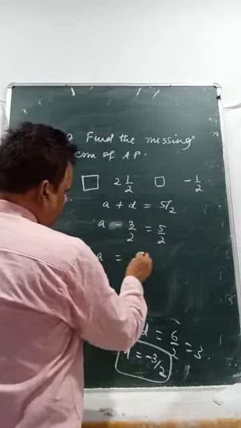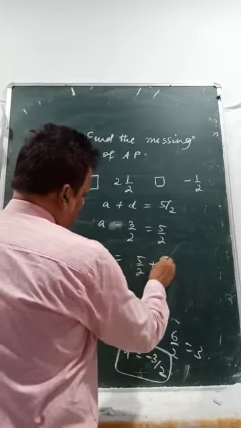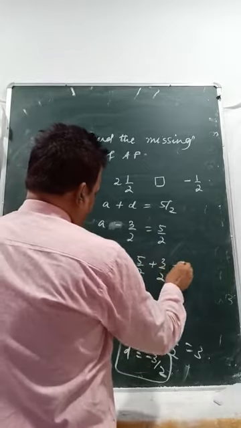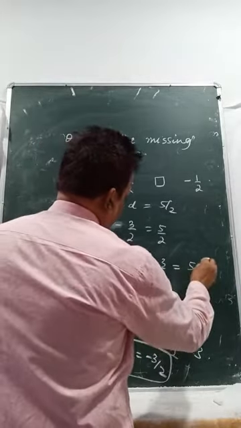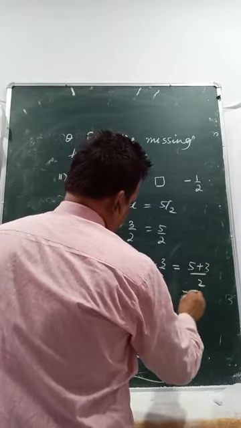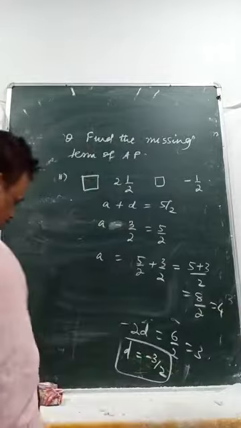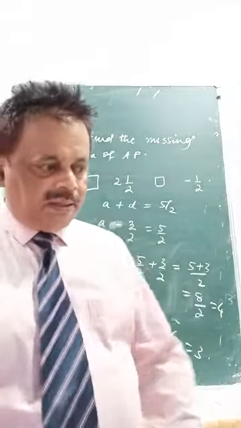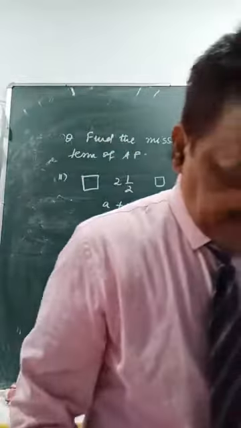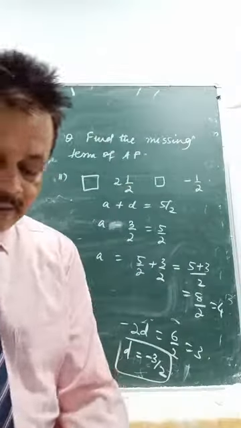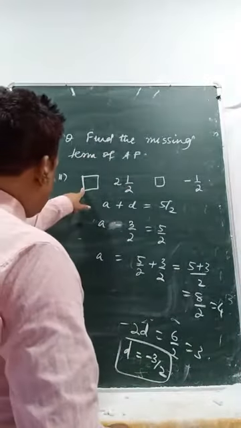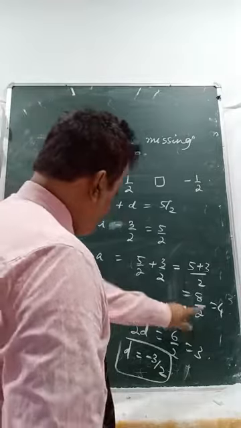So A equals 5 by 2 plus 3 by 2. So how much? 5 plus 3 by 2, 8 by 2, that is 4. Okay, you got A and D. Now look at the place. You got A, A is 4.